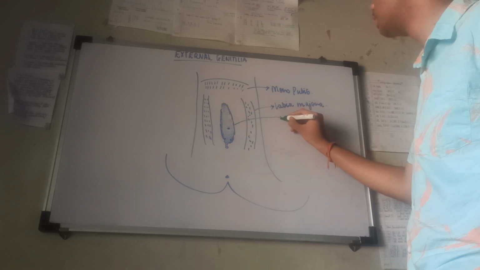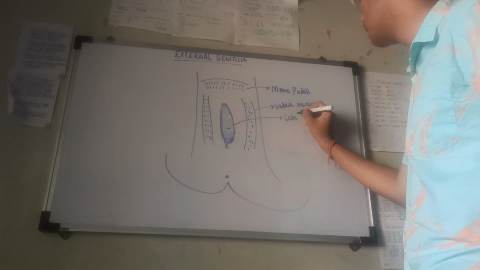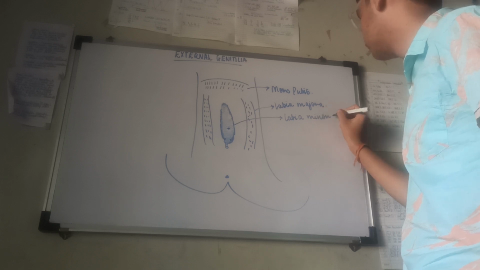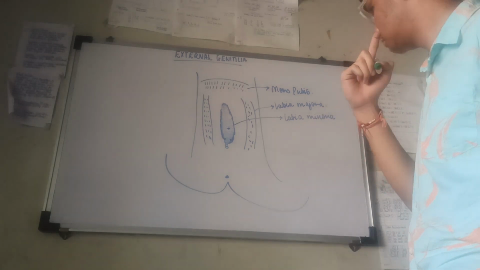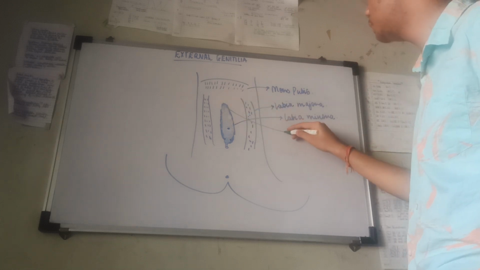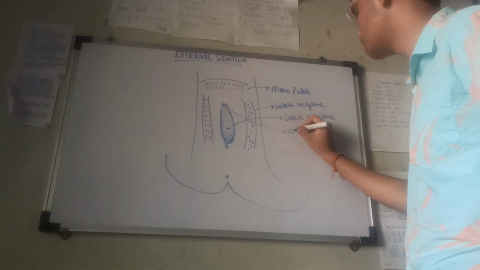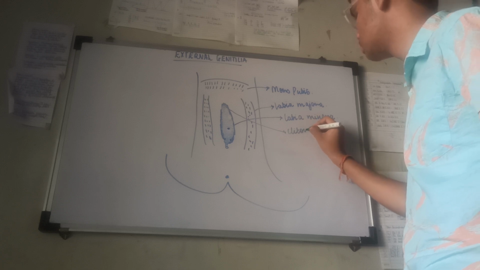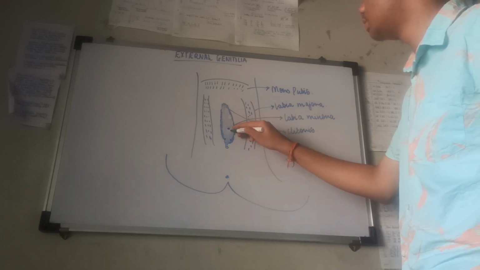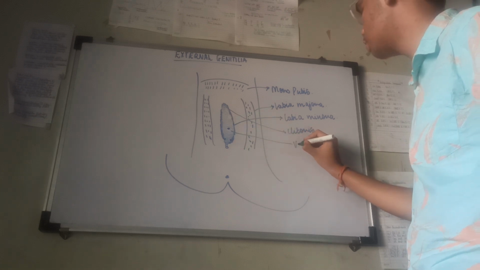This is labia minora. Then here the visible part, which is called the clitoris. This shaded region is called the vestibule.